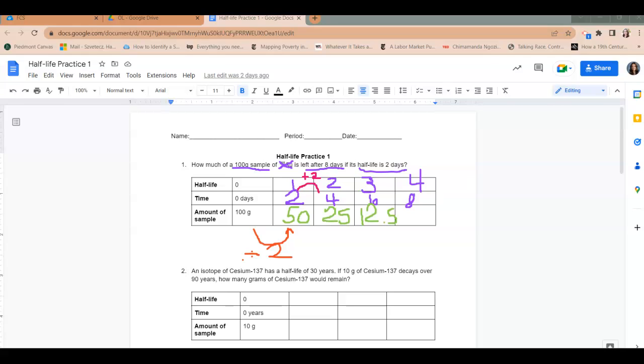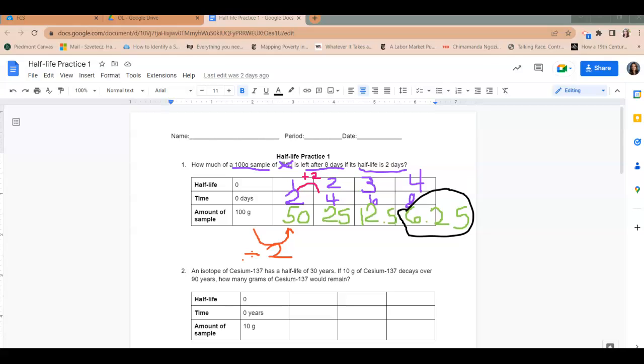How much do I have left after 8 days? I divide by 2 again, and I'm going to get 6.25. And that is my answer right there, 6.25. So after 8 days, there's 6.25 grams left of this sample.